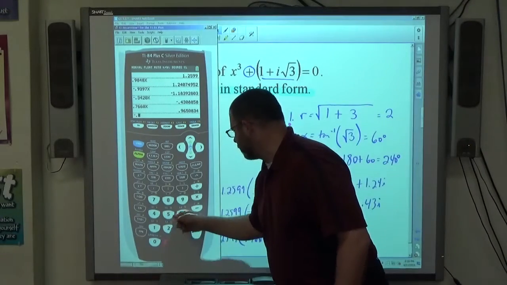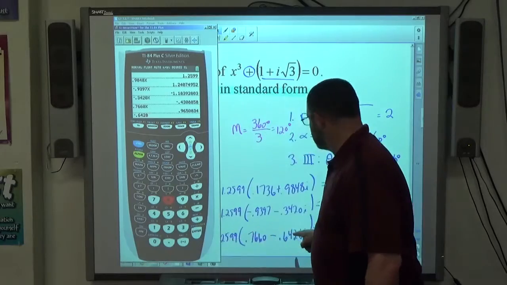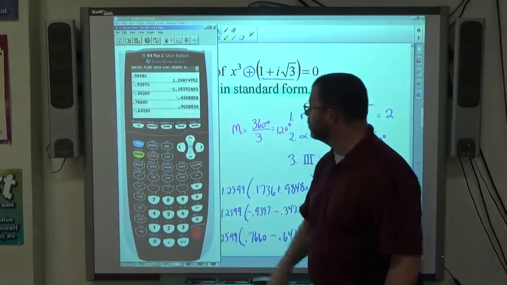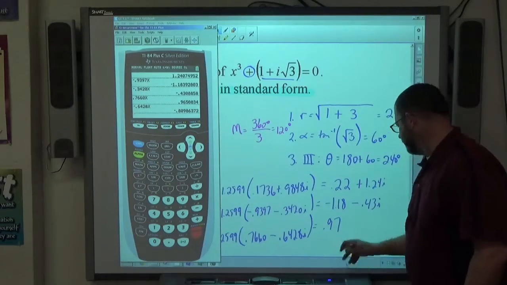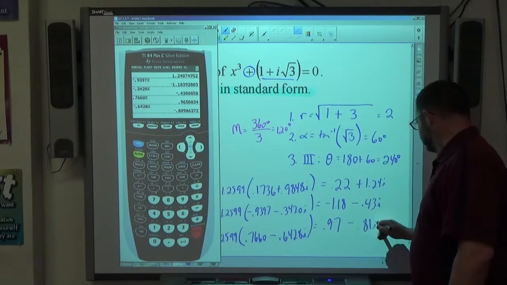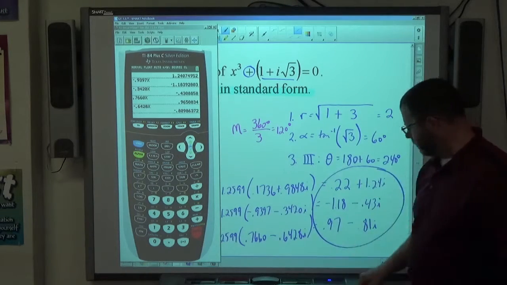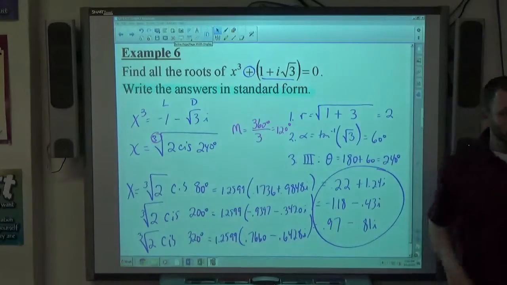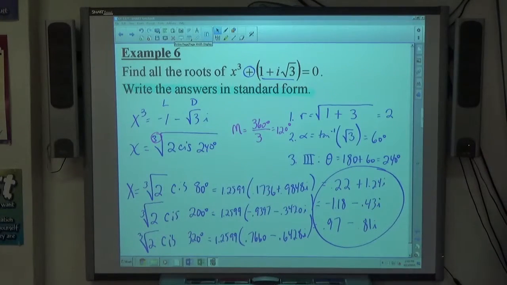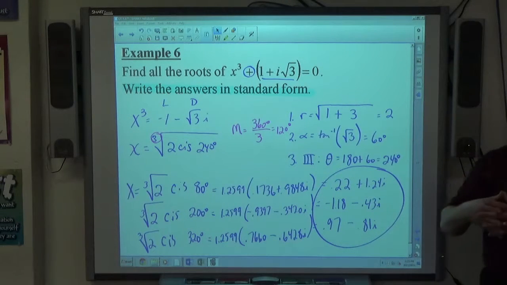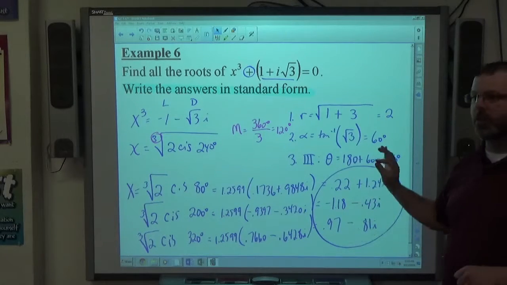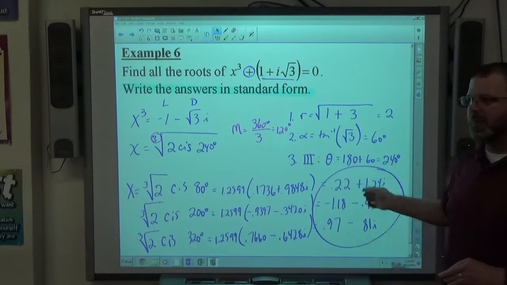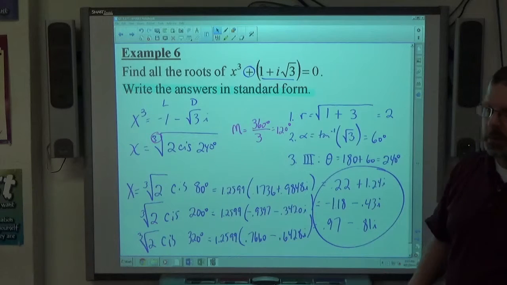Negative 0.6428 times x comes out to negative 0.81. I just kept that in the radical form and multiplied it by cosine and sine every time. That's fine. That would create even more decimal places, so it might get a little bit more accurate. It'd probably be pretty close though to my 2 decimal. It's still the same rounded.